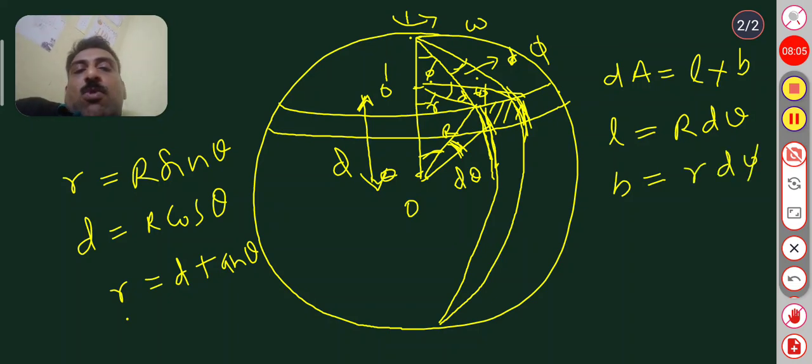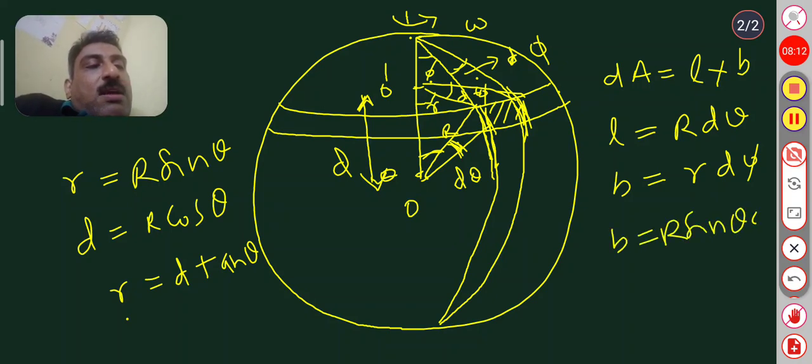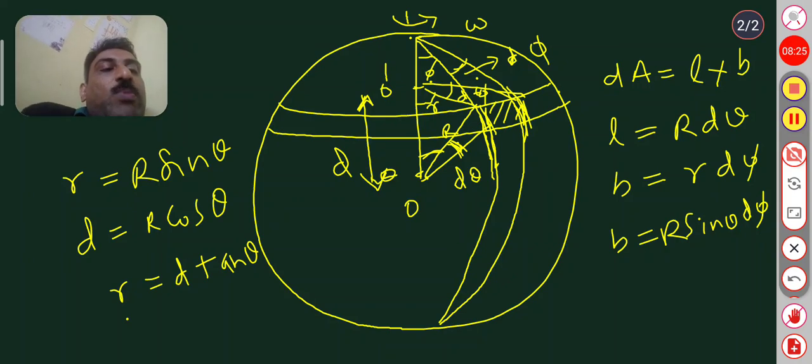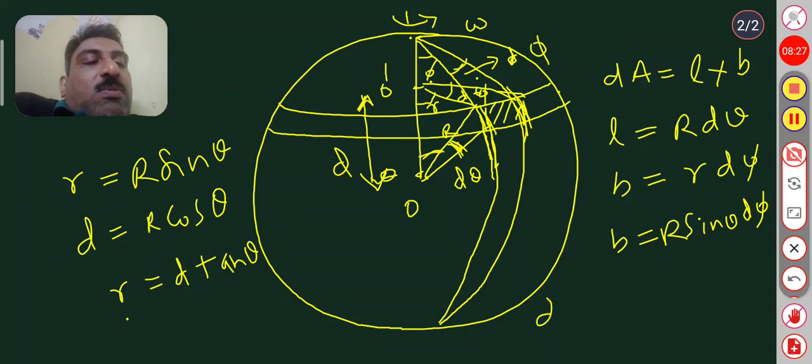And what is small r? Small r is R sine theta. So breadth is equal to R sine theta into d phi.